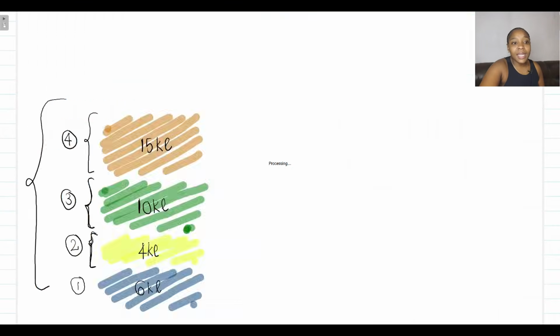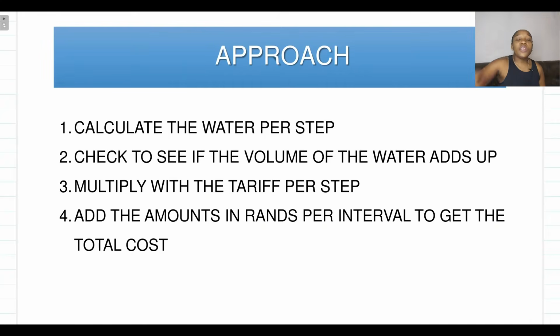Then the second thing that you need to do is check that the water that you've calculated adds up to the water quantity that is given to you in your question.